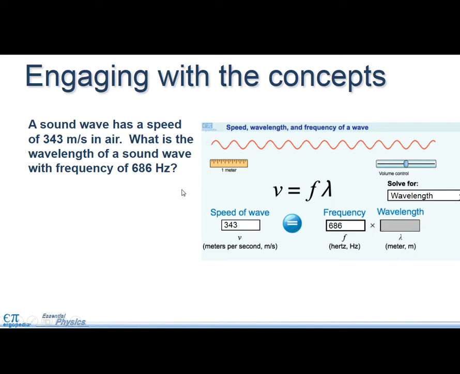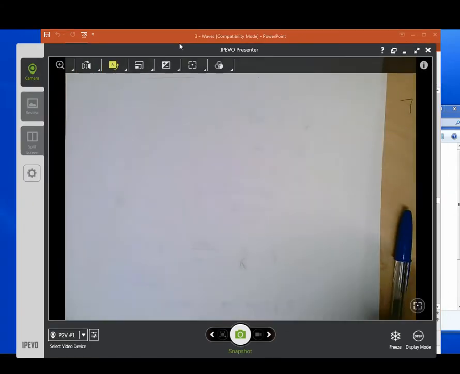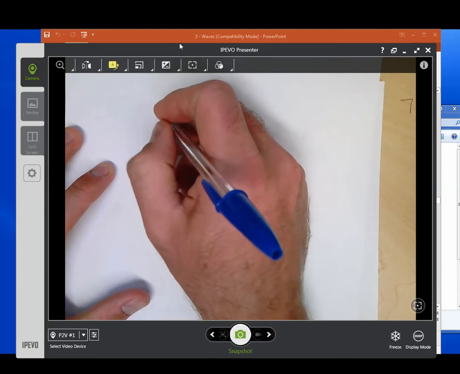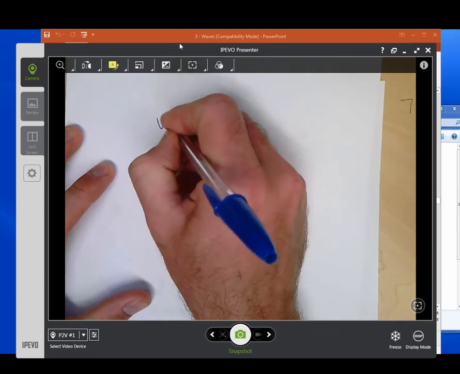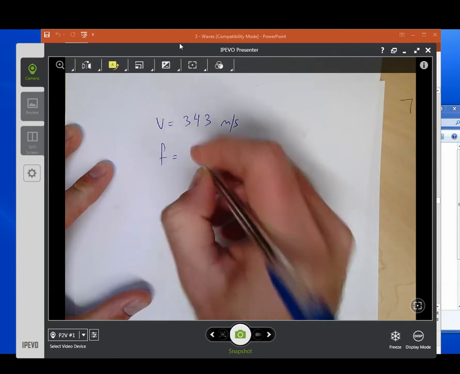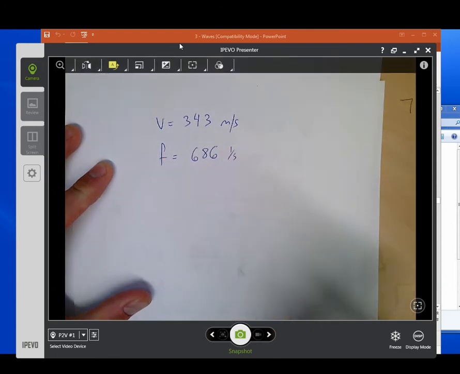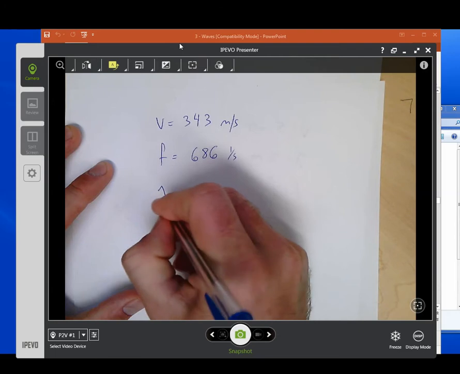How do we do this? I want you to pause, calculate it, figure it out, get a number. Okay, we're back. Hopefully you figured out that if we have a speed that's 343 meters per second and a frequency which is 686 inverse seconds, or 1 over seconds, and we need to figure out lambda.